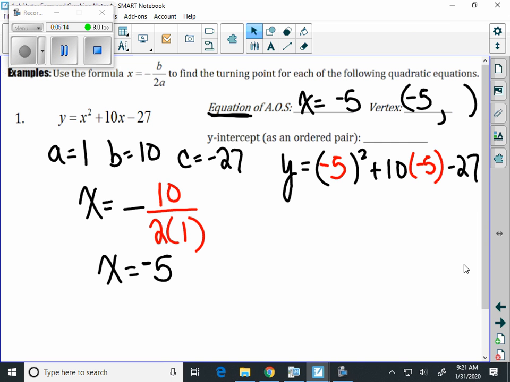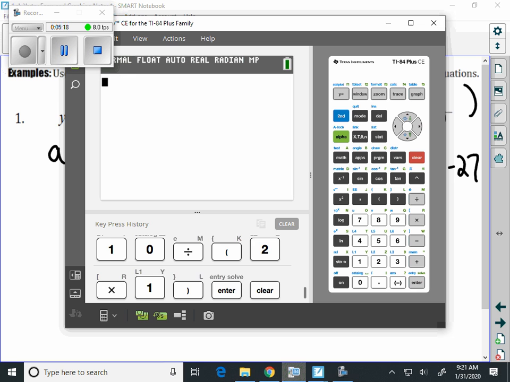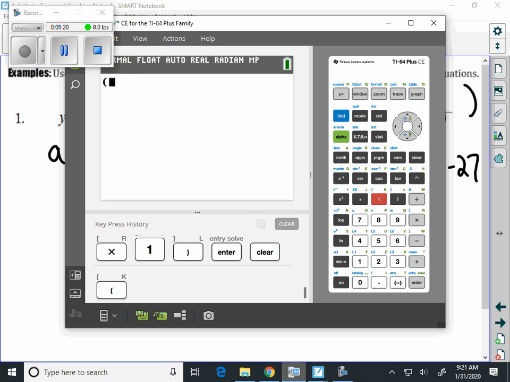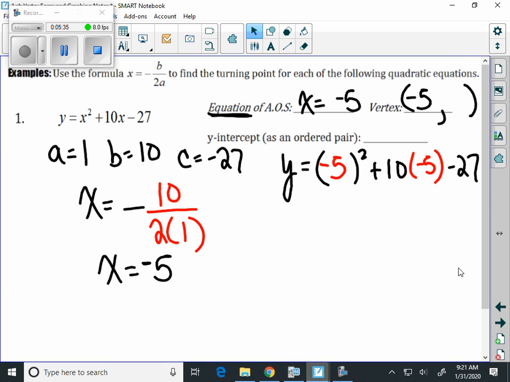We can type that into our calculator: parentheses, negative 5 squared plus 10 times negative 5 minus 27. When we type that in, we get the other value, which is negative 52.